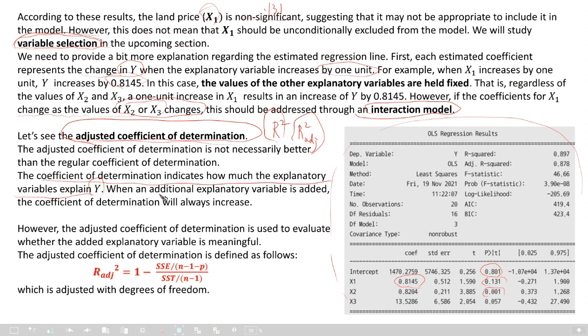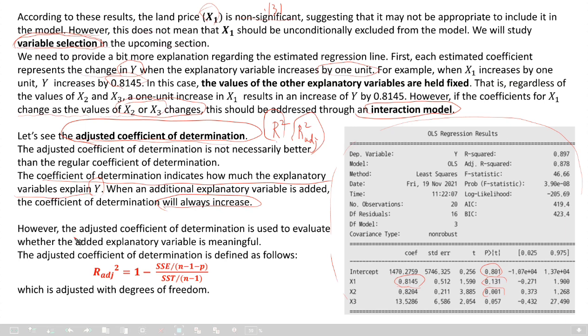When an additional explanatory variable is added, the coefficient of determination will always increase. That means adjusted R square does not always increase.